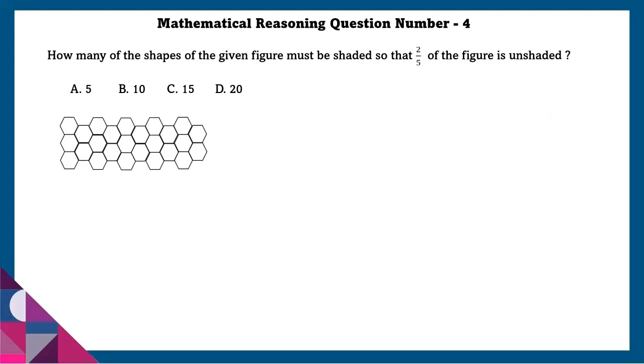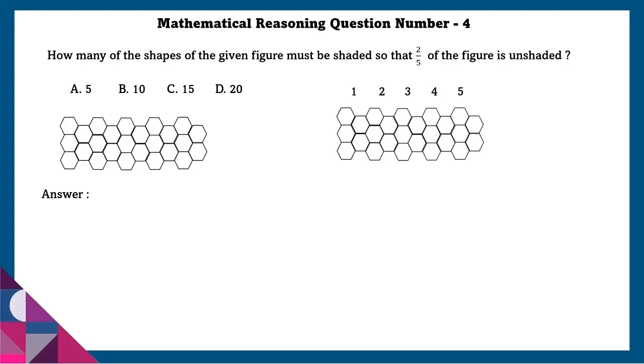Mathematical reasoning question number 4. How many of the shapes of the given figure must be shaded so that 2 by 5 of the figure is unshaded? First, we need to find the total number of shapes in the given figure. As we can see here, this part is equal to 5 hexagons. Similarly, the same part is repeated 5 times.